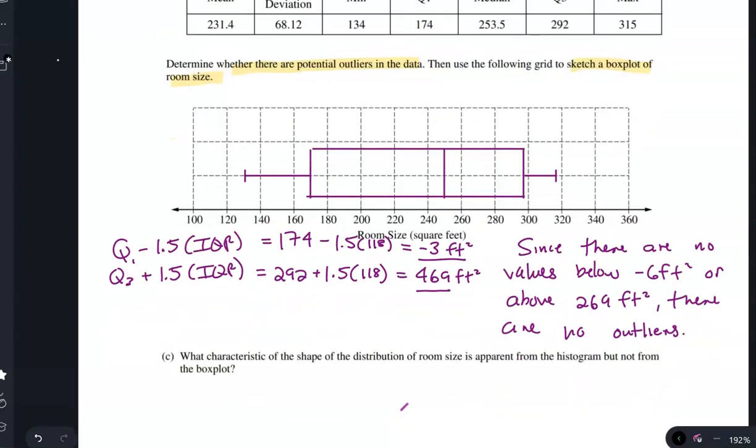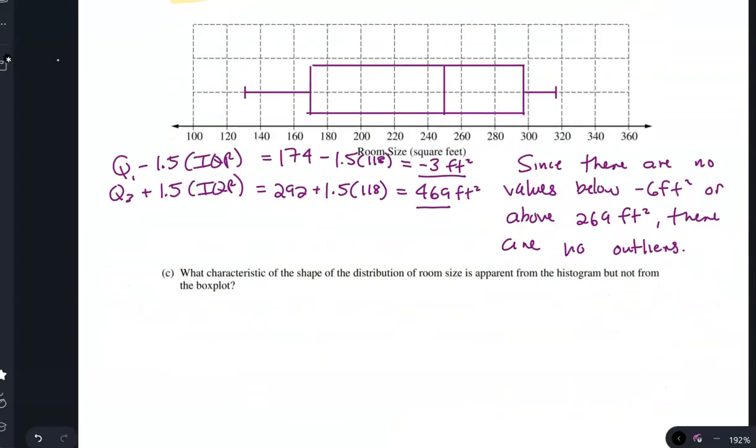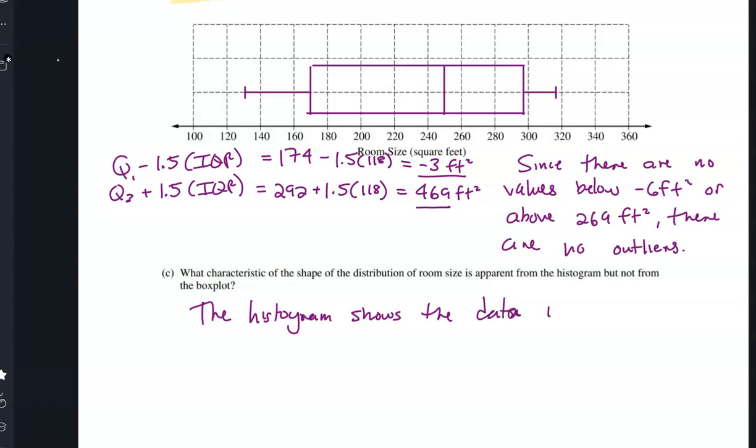All right. Lastly on this one, what characteristic of the shape of the distribution of room size is apparent in the histogram but not in the box plot? I've mentioned this before, but the modes. The histogram shows the data is bimodal, which we can't see in the box plot.